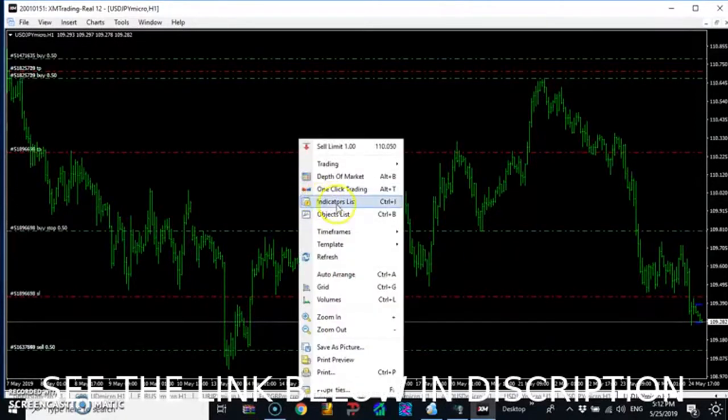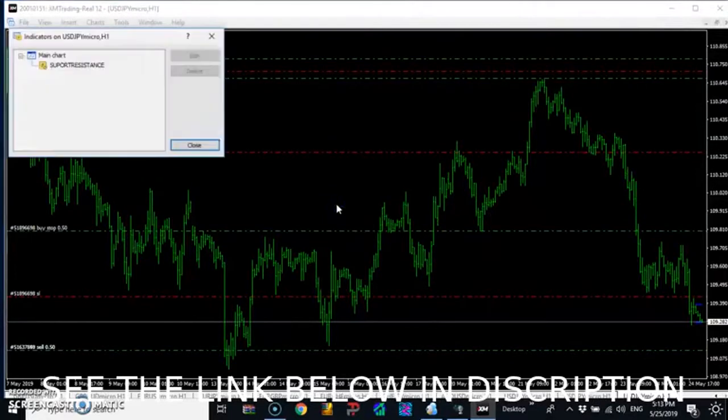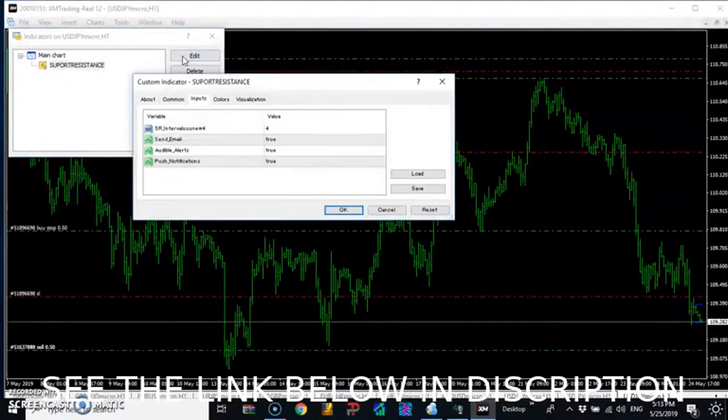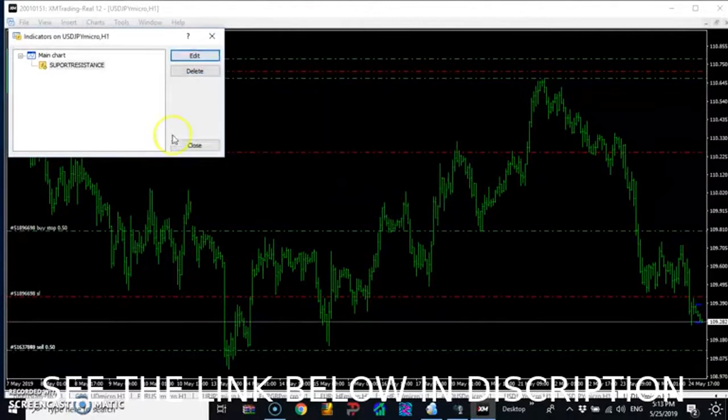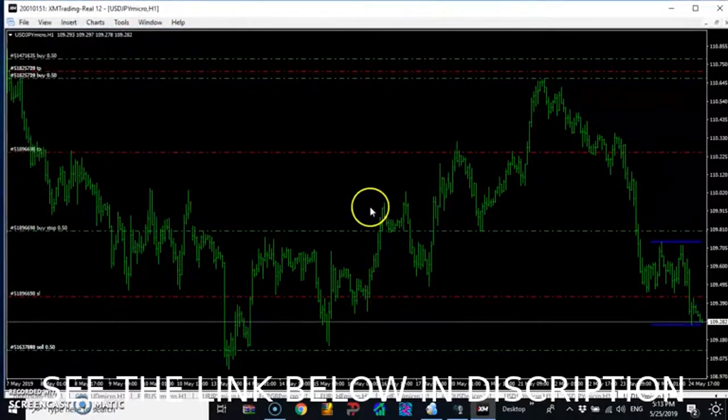Let us go and use a support resistance, a bigger one. Let's use 25. And I want to tell you something. Pay attention, please. Look at the support resistance of this move.